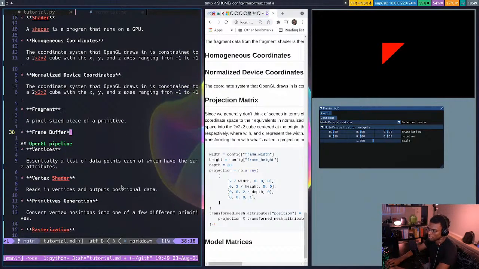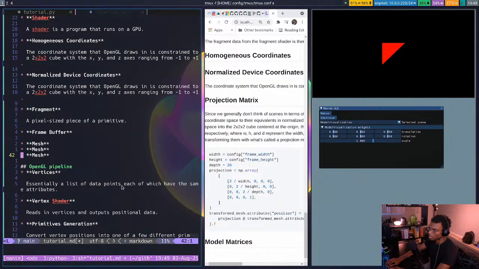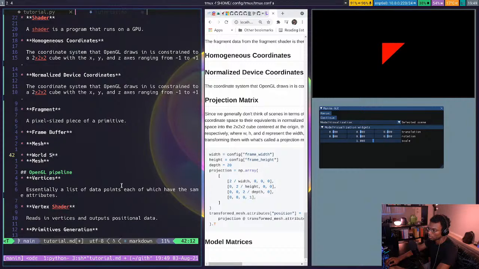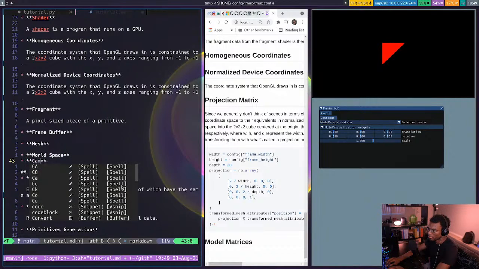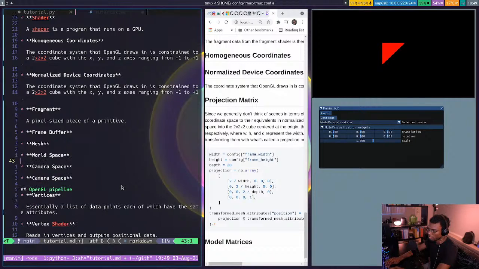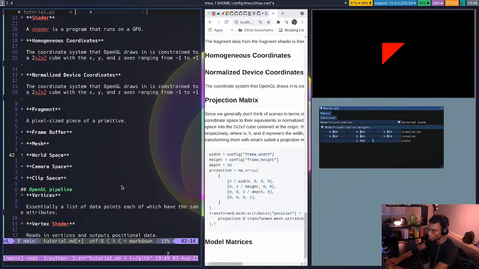I definitely should at some point define mesh. I should also define world space, camera space, clip space, all of these.